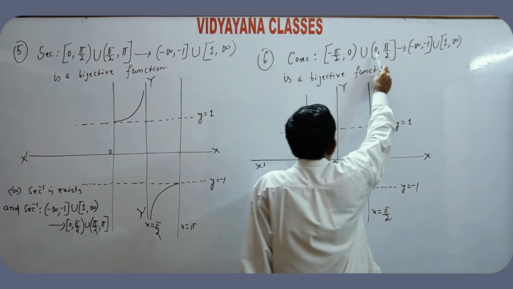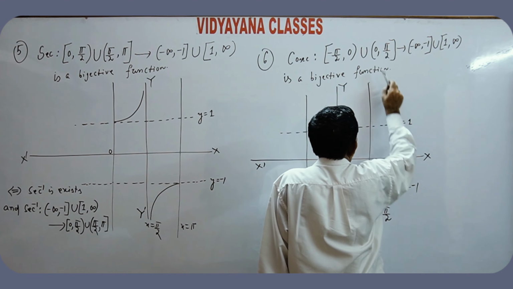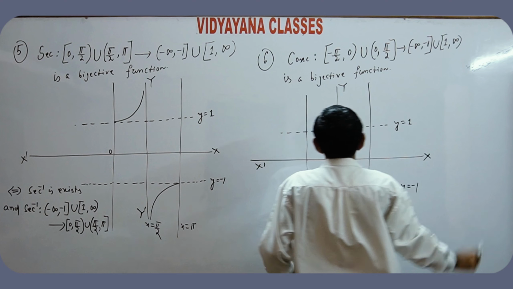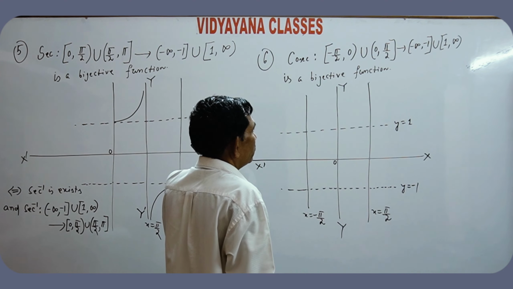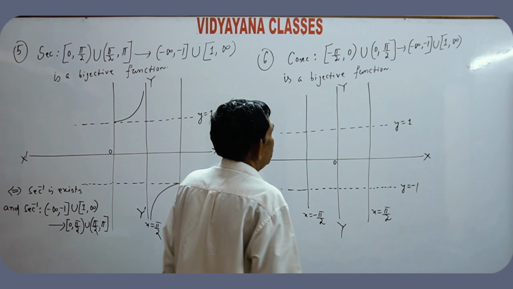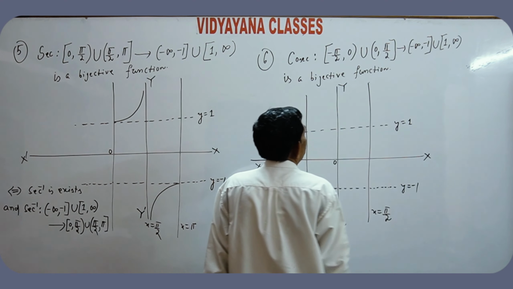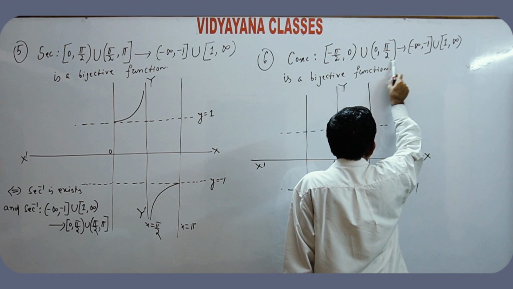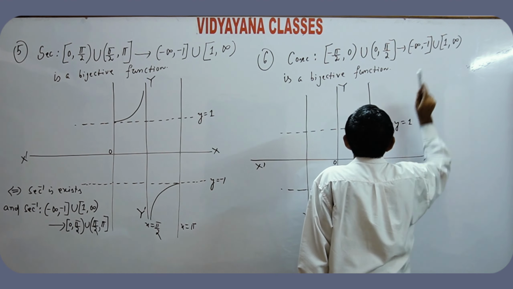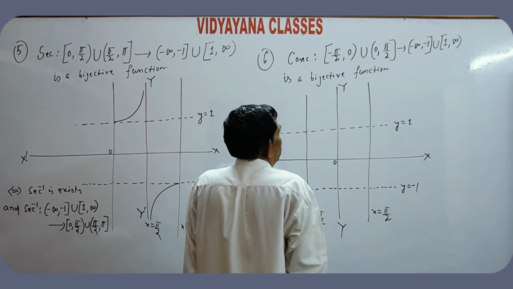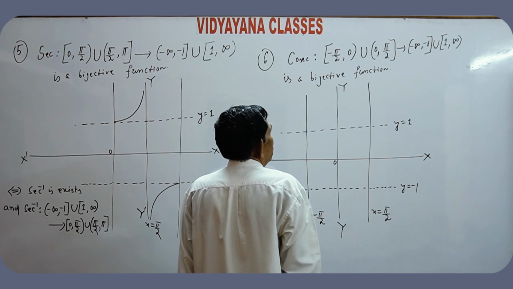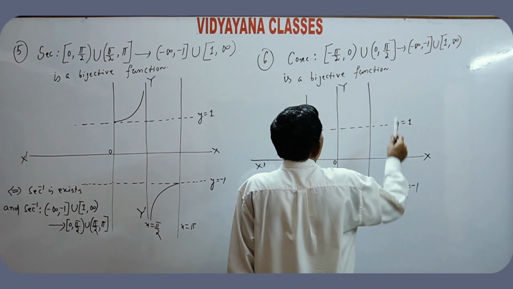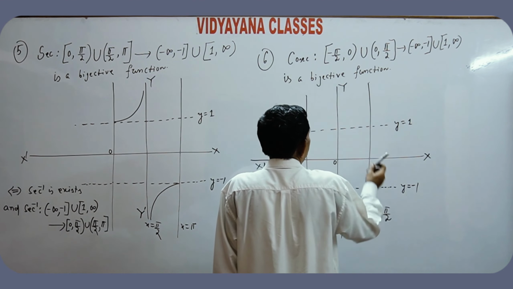When x varies from 0 to pi by 2, in this interval, y varies from 1 to infinity. The minimum value is 1 and the maximum value is infinity. At x equal to 0, it is infinity.